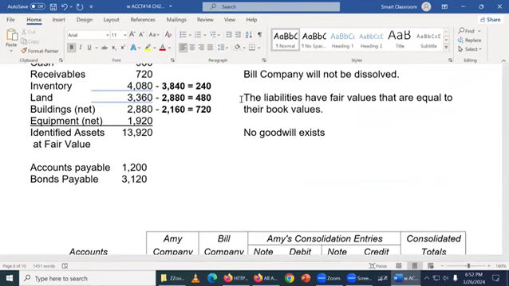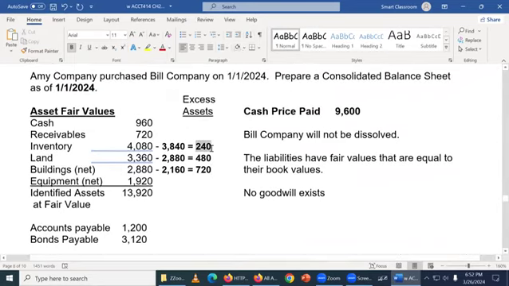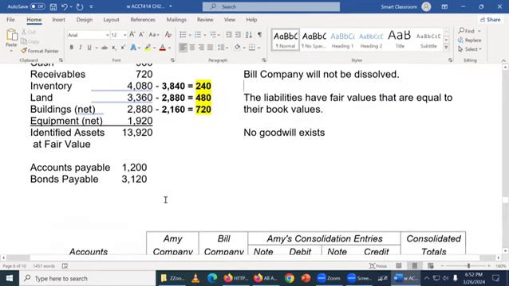Okay, so these are gonna be the excess assets that we're gonna have. And by the way, we can see what the value of this company was worth when we bought it. It'll be this 13,920 minus these accounts payable.